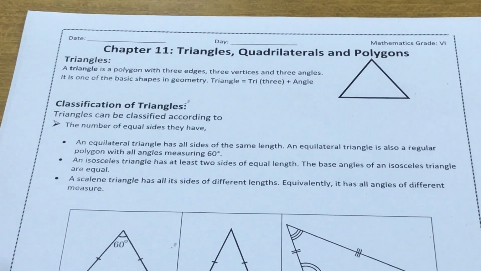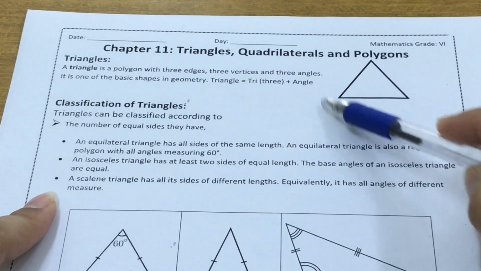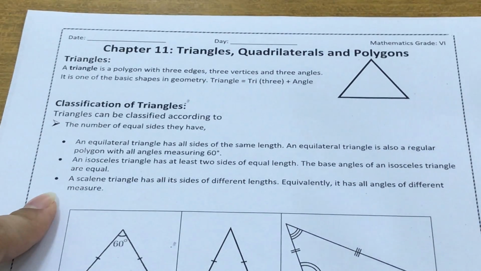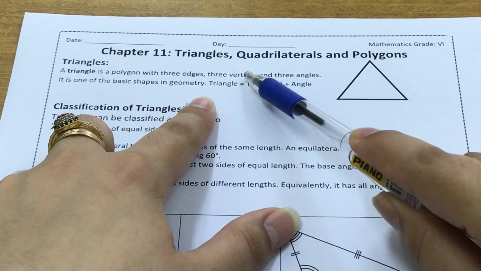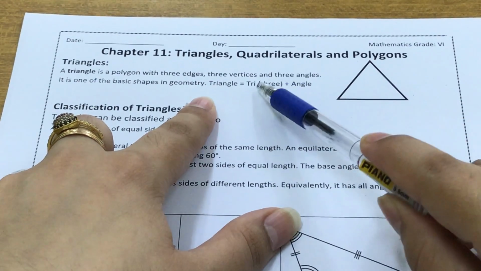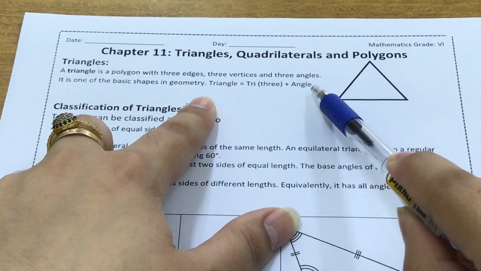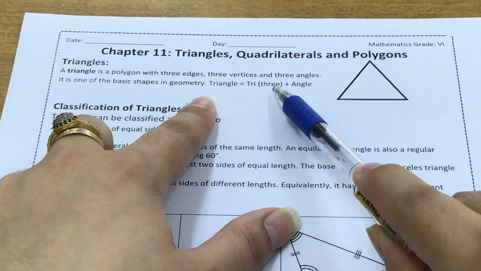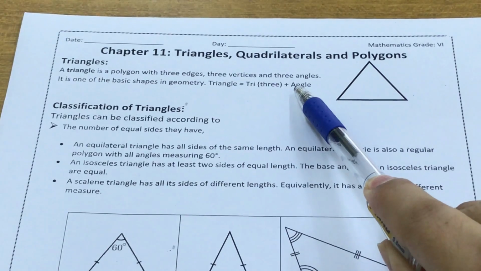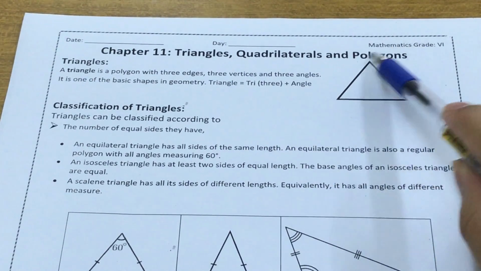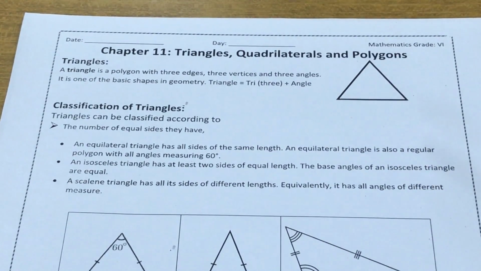Okay, as you all know, this is a triangle, and triangle is a word made up of two words. One, tri, and second, angle. Tri means three. So from its name, it's obvious that it's a three-sided figure, right?